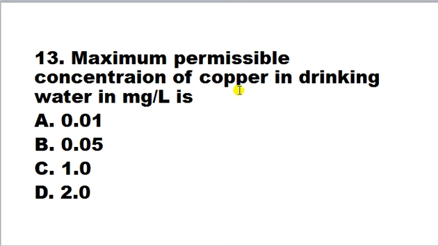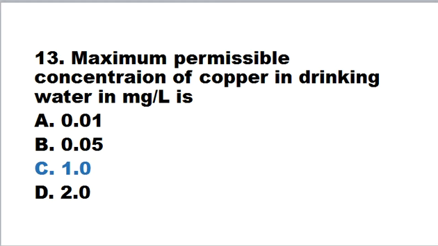Maximum permissible concentration of copper in drinking water in milligram per liter is 0.01, 0.05, 1.0, 2.0. According to the US Environmental Protection Agency, that is EPA, the maximum contaminant level for copper is 1.3 milligram per liter.